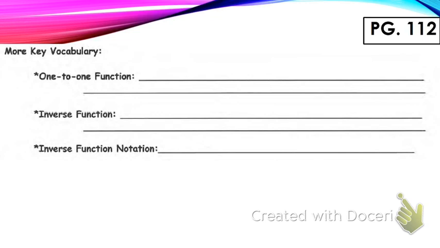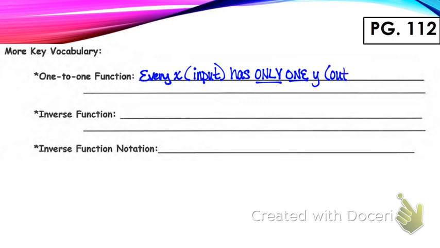In order to be a one-to-one function, first, we have to know that every x, every input, has only one y, one output. And there's one more criteria, because this much right here just makes it a function.